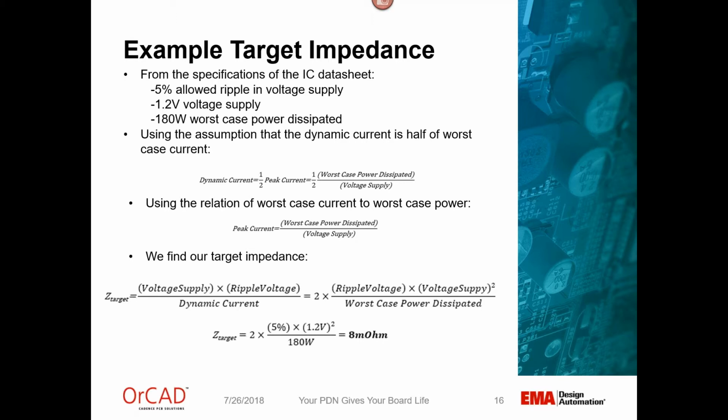Power divided by our voltage supply gives us that current. Plugging that into our target impedance equation, we can now solve for Z target using a 5% voltage ripple, the 1.2 volt power supply squared, divided by that 180 watts. This gives us about 8 milliohms for our target impedance.